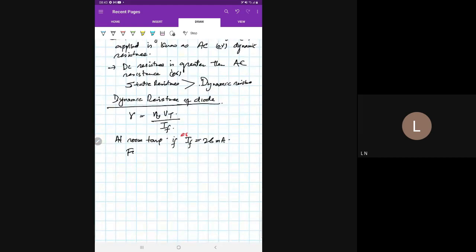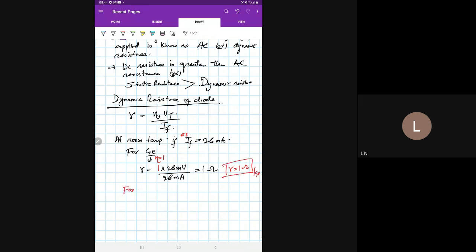For a germanium based diode, eta is equal to 1, so r will be 1 into Vt, which is 26 millivolts, divided by I_F, which we are assuming is 26 milliamperes. Then r will be equal to 1 ohm. At room temperature, r will be equal to 1 ohm for germanium.